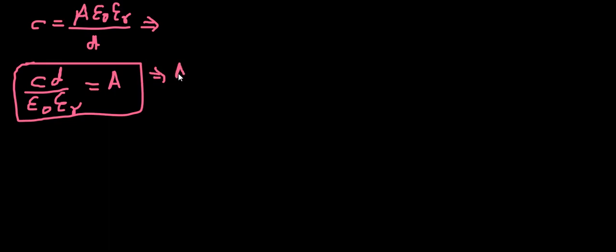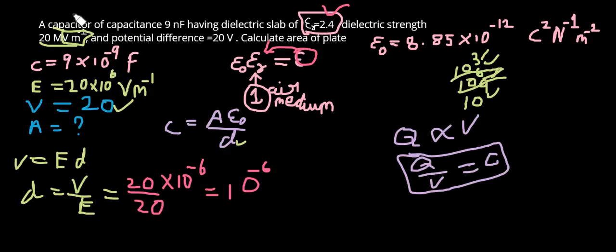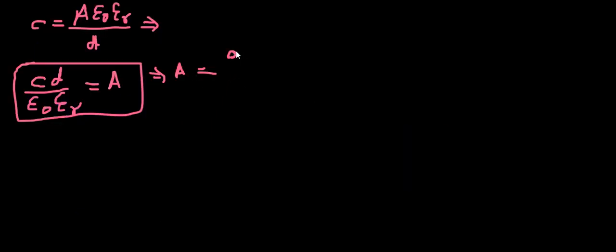So A is equal to, what is the capacitance value here given? It is 9 into 10 power minus 9 farad, into the distance between them, which is 10 power minus 6.